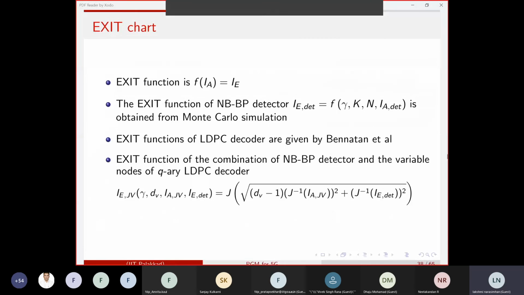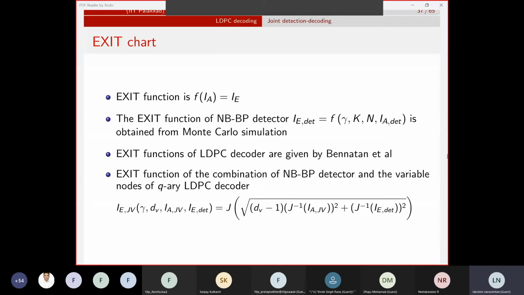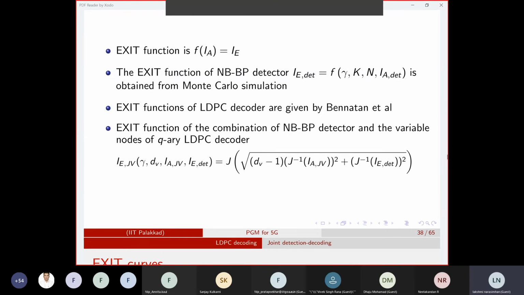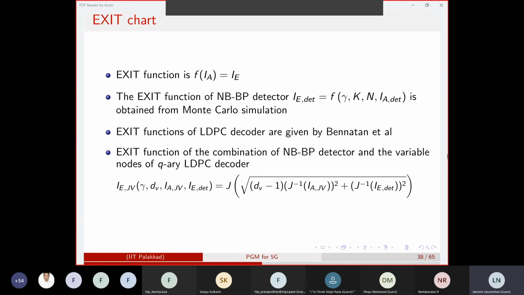There is one more thing, which we will probably come to later when we have time. There is something called EXIT chart analysis. This tells us how the information is being transferred from one set of nodes to another set of nodes. It relates the mutual information at one set of nodes to the mutual information at the other set of nodes, and this is known as the extrinsic information transfer, abbreviated to EXIT.